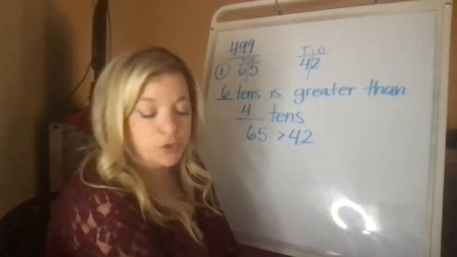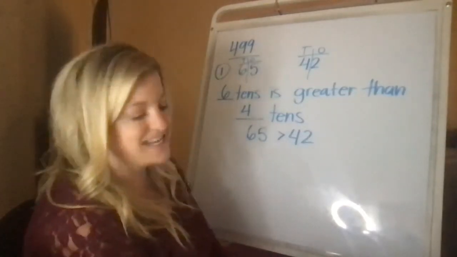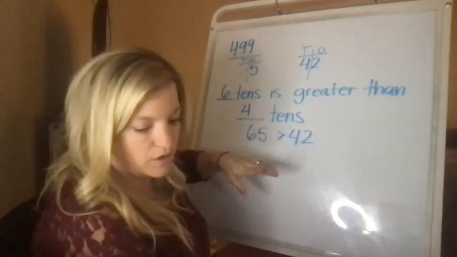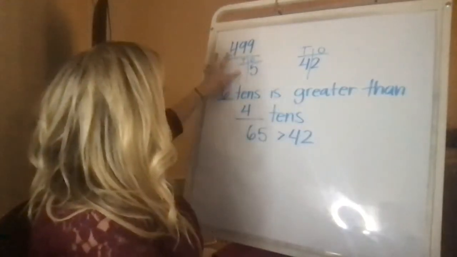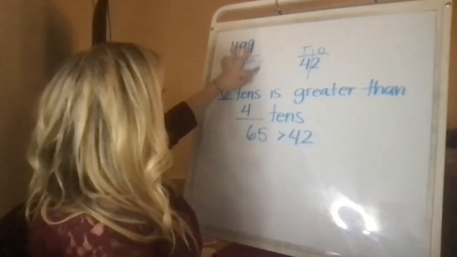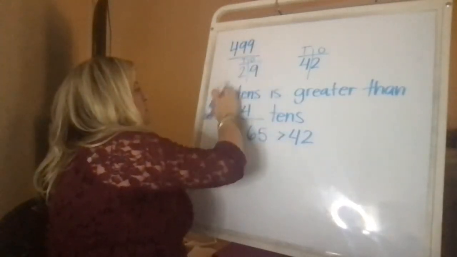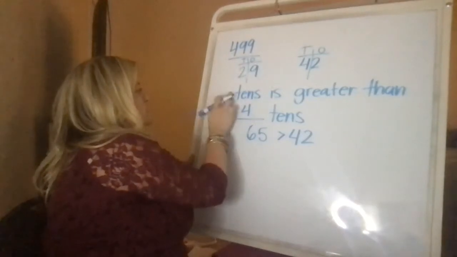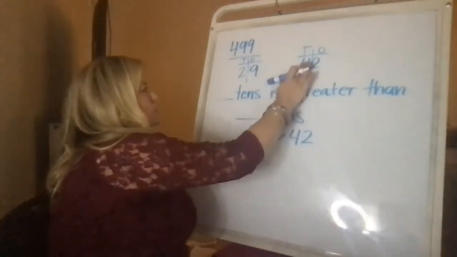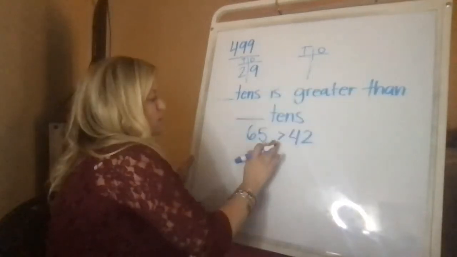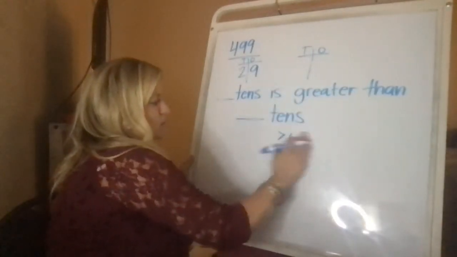Next up is number 2. It says compare 29 and 88. Which number is greater? 29 versus, so I'm going to keep my greater than symbol there because I know that's what we're working on.